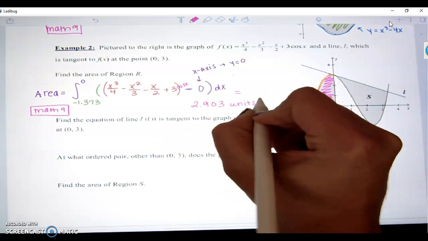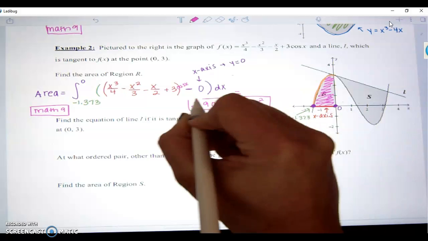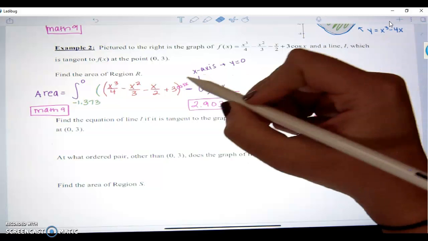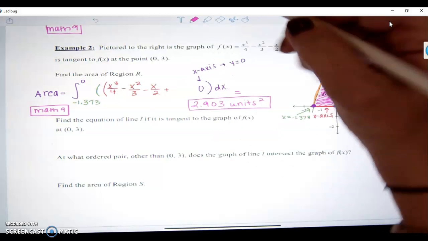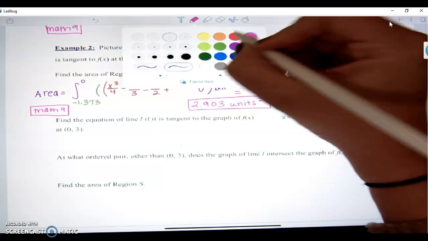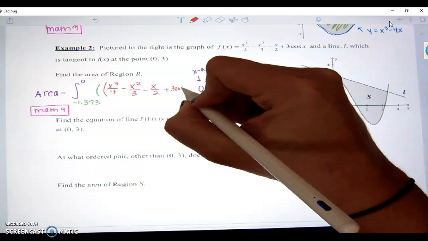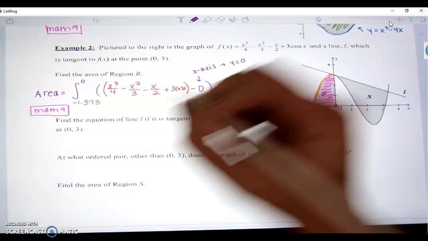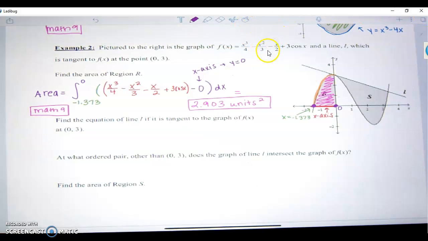We don't have units, but it would be some type of units squared here. So let me go back and fix this. Okay, make sure you type it correctly, and that will give you that. So that gives us our area there, 2.903 units squared. That would be the area of R.